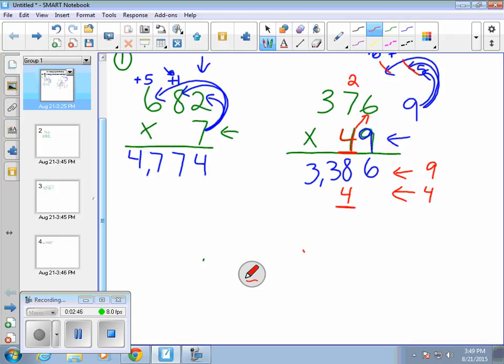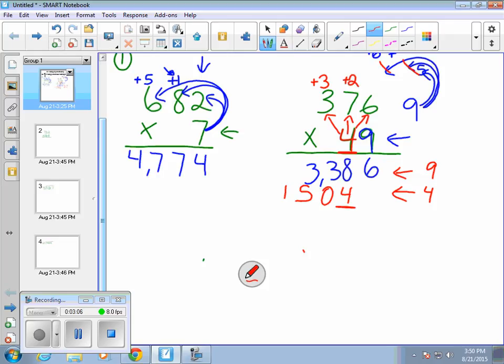Then I'm going to multiply 4 times 7, which is 28, and add my 2, which gives me 30. Then I'm multiplying 4 times 3, giving me 12, and I add 3, which is 15.